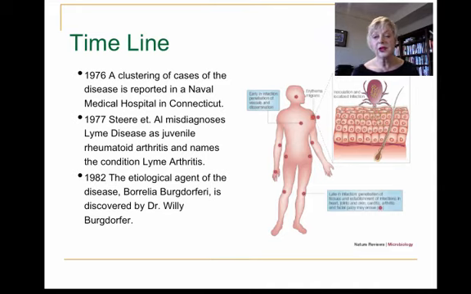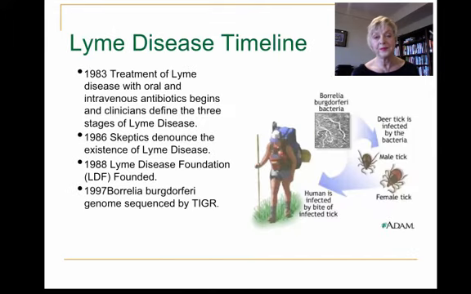Lyme disease works by the bacterium, Borrelia burgdorferi, being transmitted by a tick that bites the person. As you'll see, there's the picture of the tick in there. And as the tick bites the person, it transmits the spirochete in its saliva into the human that it bit.